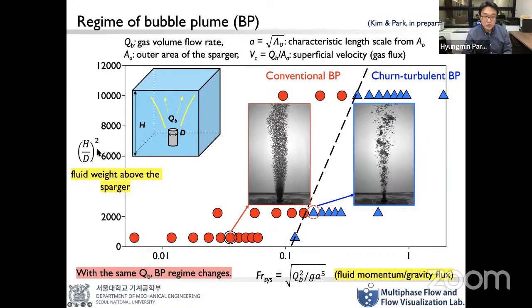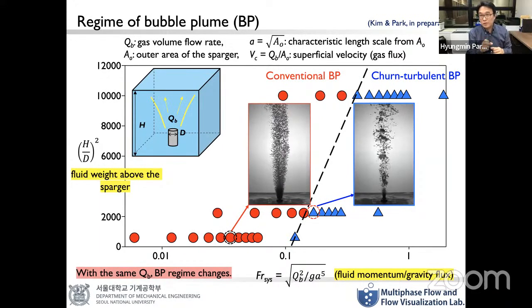And here, as you can see, H is the size of the tank, which is also fixed, but we change D, which is the size of the sparger. So even though everything is the same, the hydrostatic pressure or the amount of water above the sparger is the same, and also the gas amount is the same, the sparger size determines how efficiently your injected gas actually becomes a bubble plume.